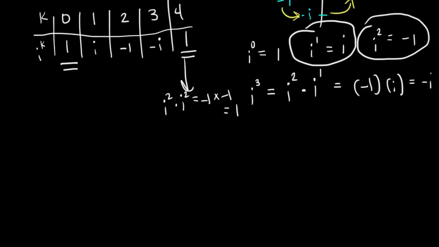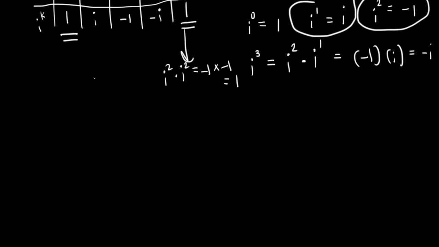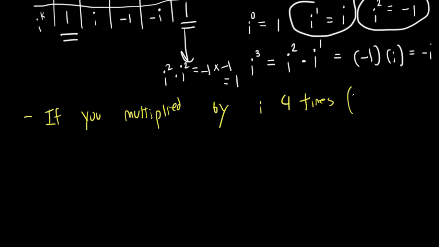Therefore, if you were to multiply by i 4 times, that is i times i times i times i, which is i to the power 4.